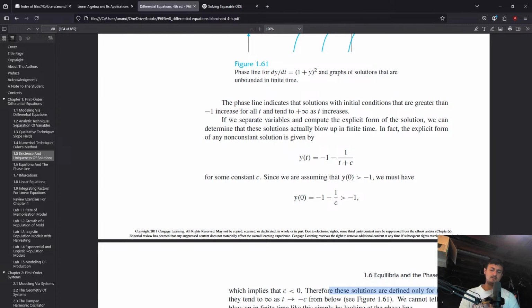But for example, c is equal to minus 1. Then we have -1 minus 1 over t minus 1.